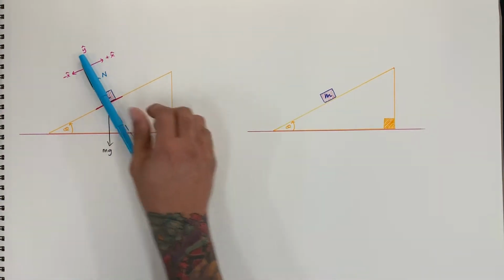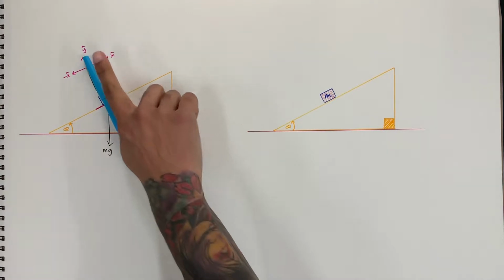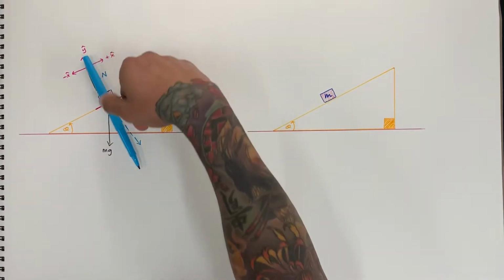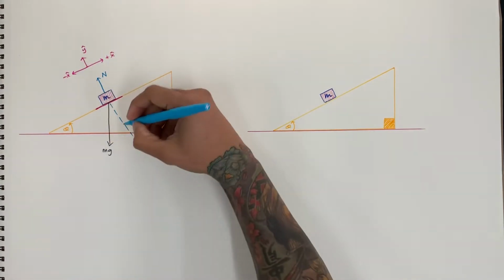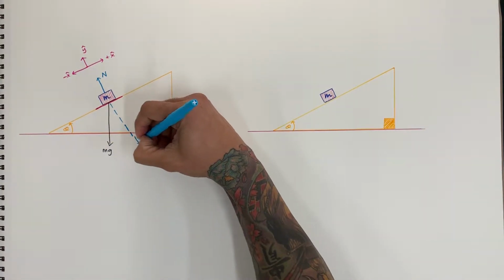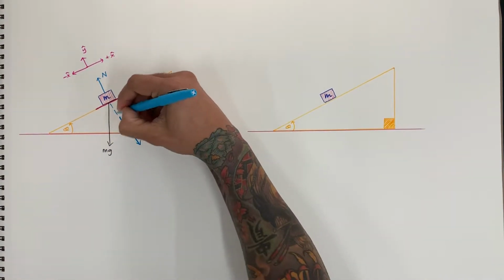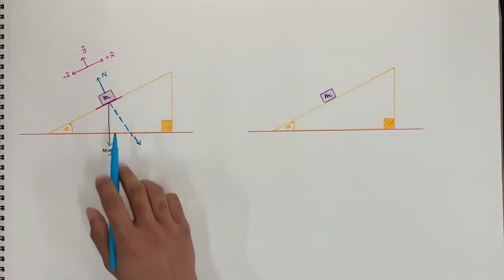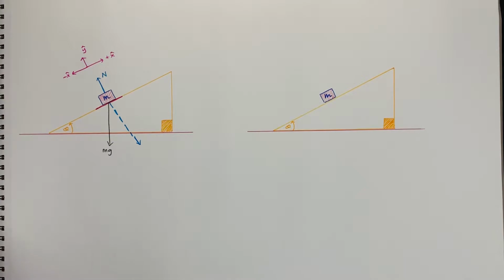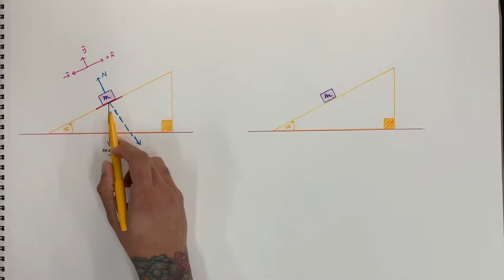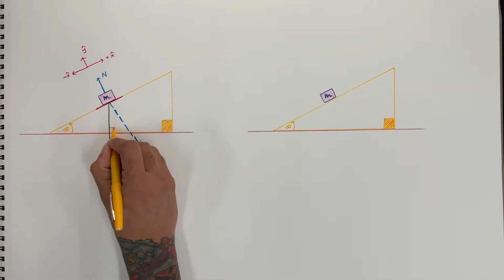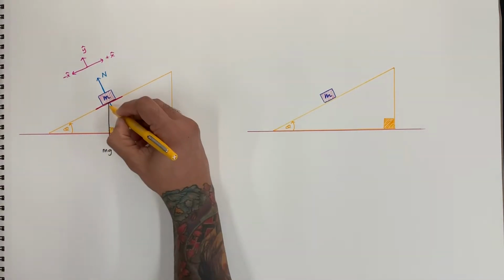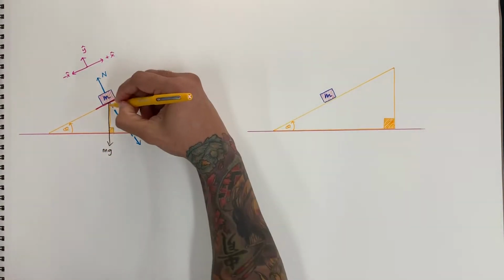So these are perfectly straight lines right here. One is the normal, the plane is pushing up onto the box, and the one going downward is the box pushing down onto the plane. Okay, so these are the same line. Okay, first let's stop right there and let's look at what we have here. Inside here we have a 90-degree angle, okay, and we have a small triangle right here.